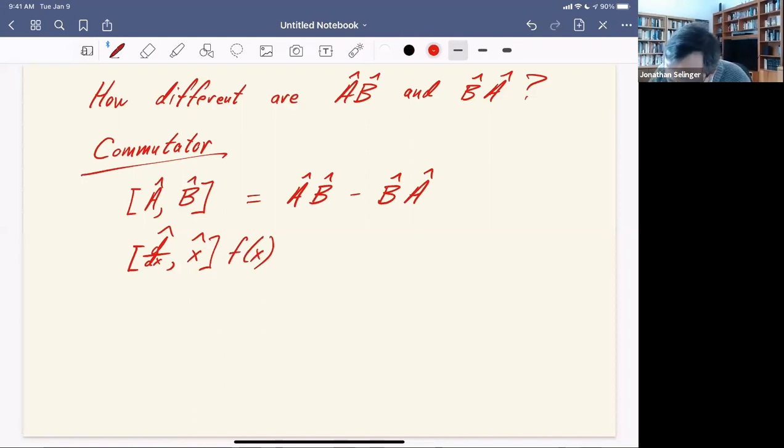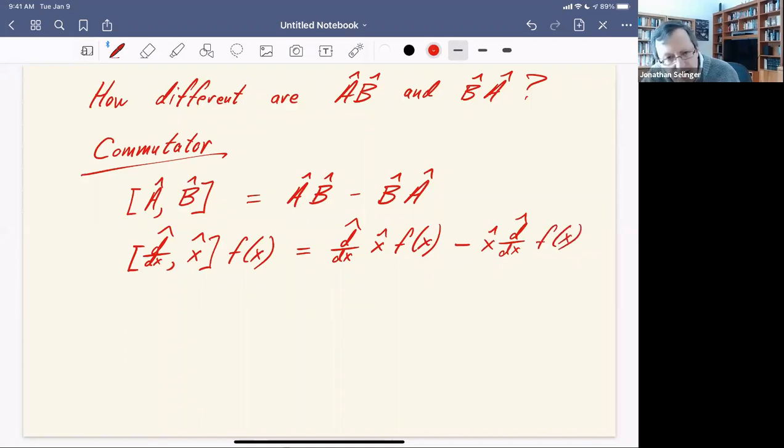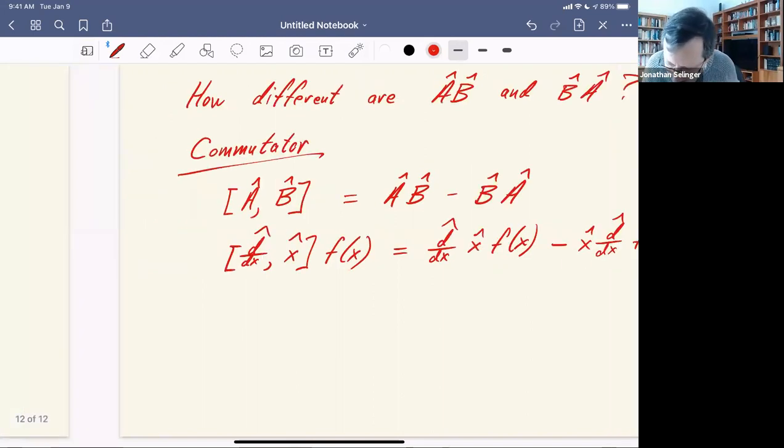What this gives us is d by dx acting on x acting on f of x, minus x acting on d by dx acting on f of x. We already figured out both of these things on the last page.